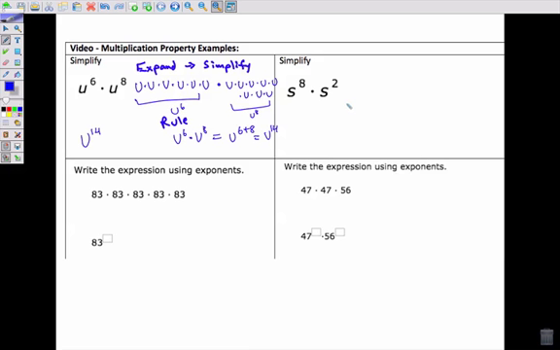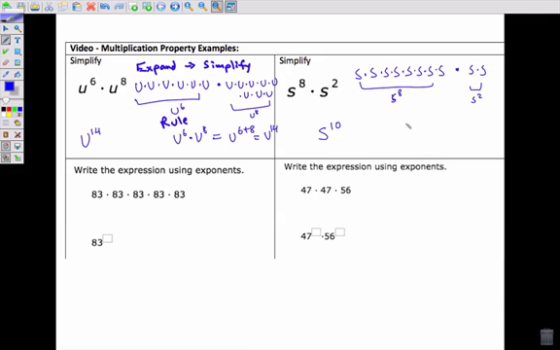Okay, next one, we've got s to the 8th and s squared. So here's the expand and simplify. And if I count all those up, I have 10 s's, so that would give me s to the 10th.